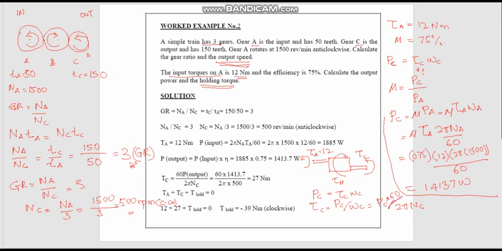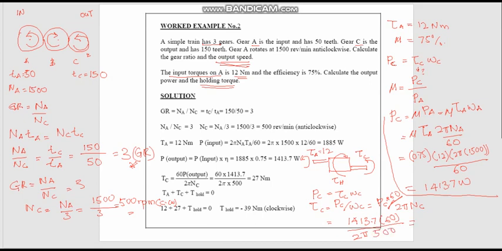Right? So if I plug in the numbers, PC is 1413.7 times 60 divided by 2 pi, and NC is equal to 500.